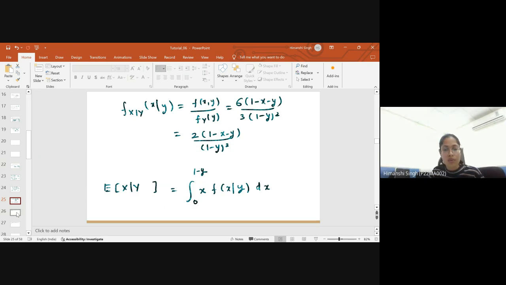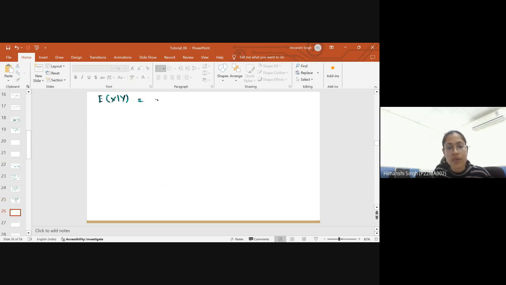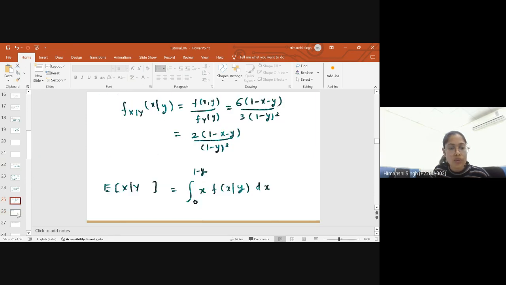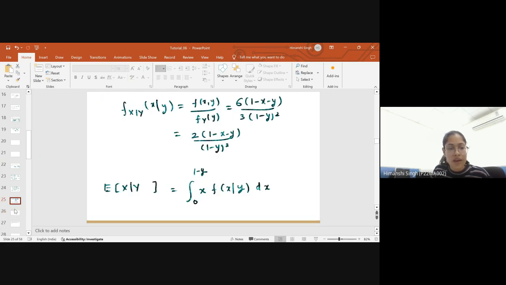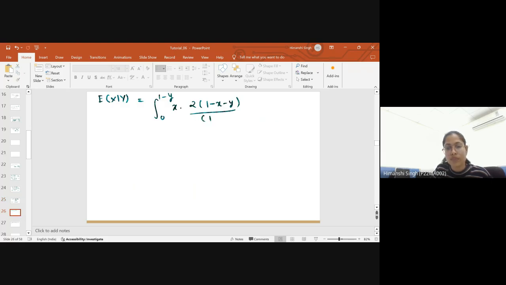If I put the value here, it is from 0 to 1 minus y, and we have x into the conditional, which is 2 into 1 minus x minus y divided by 1 minus y whole square, integrating with respect to x. We can take the y term outside, and take 2 outside too: 2 upon 1 minus y whole square.